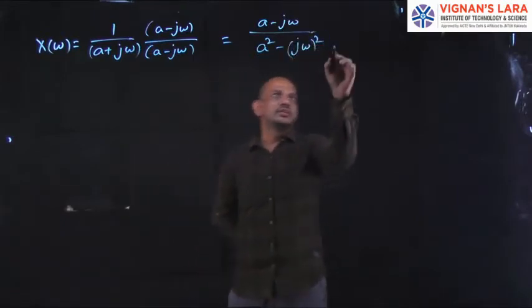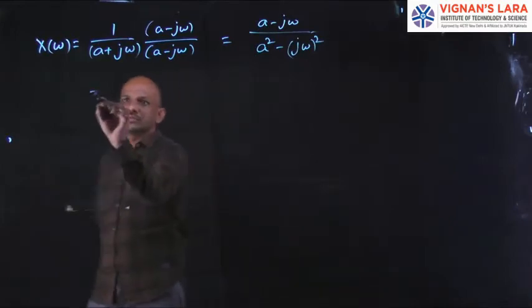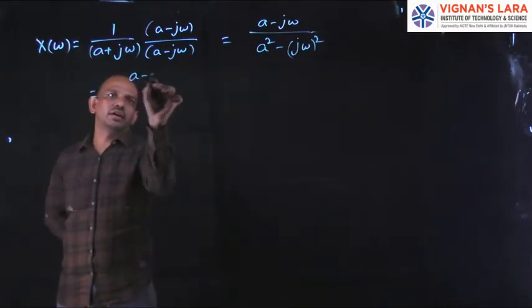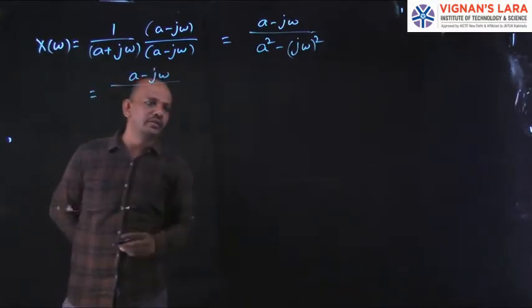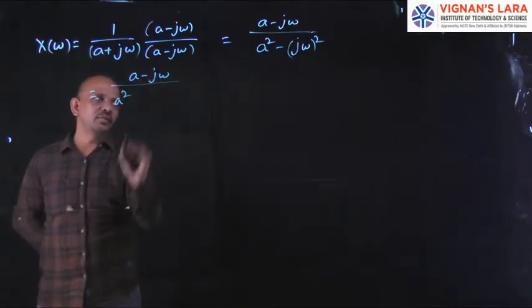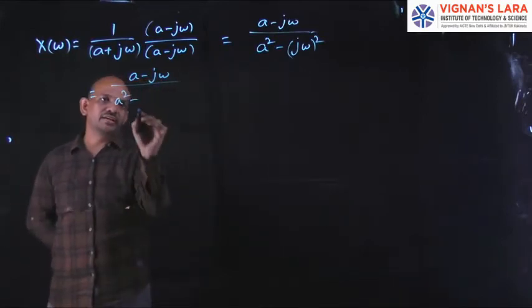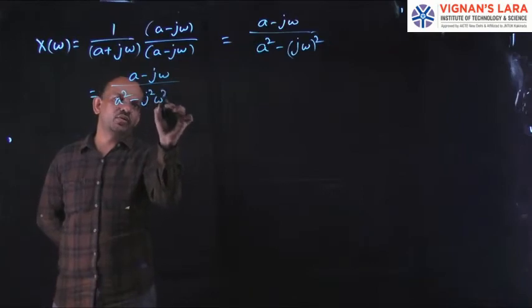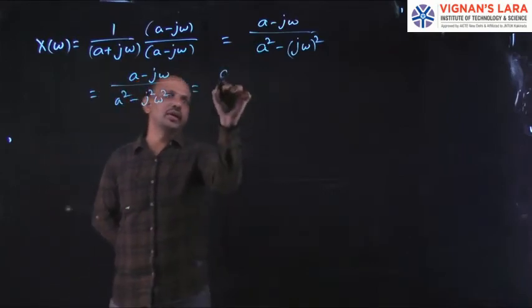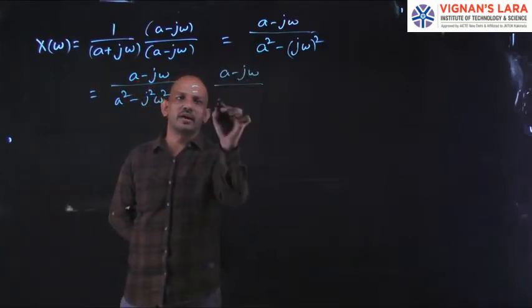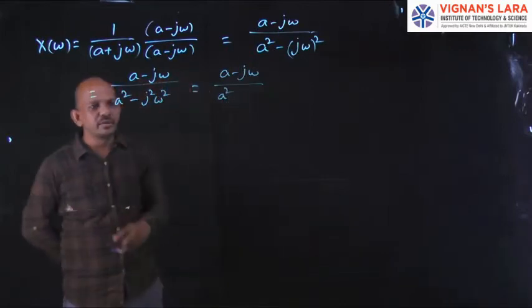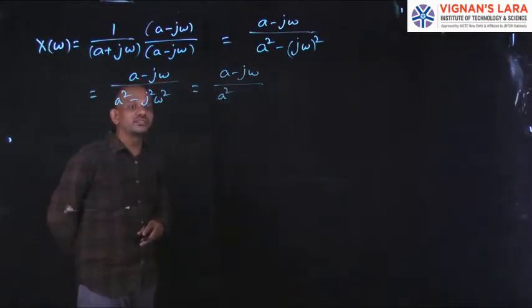Okay. Now that will be equal to a minus j omega divided by a square minus j square omega square, that will be equal to a minus j omega by a square. j square will be equal to minus 1.